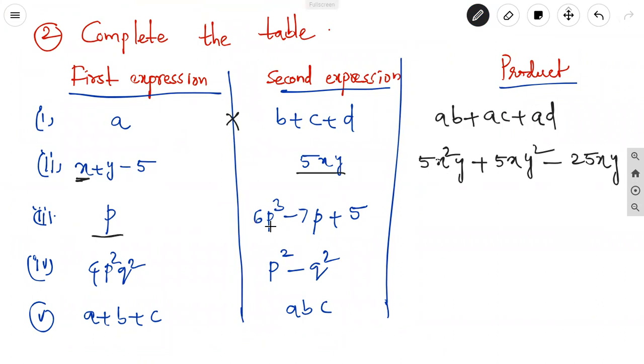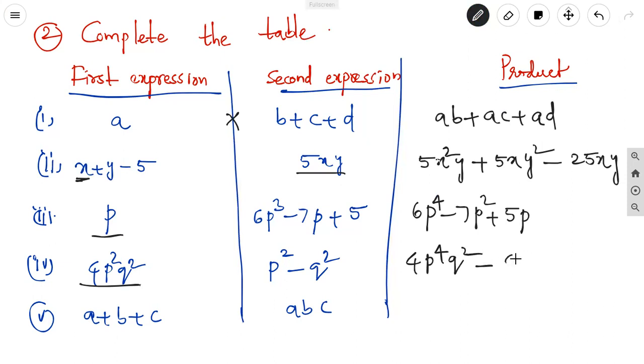Next, p into 6p cube, that is 6p power 1 plus 3, 4, minus 7p power 1 into p power 1, p square, plus 5 into p. 4p square q square into p square, 2 plus 2, 4. 4p power 4 q square minus 4p square q power 4.